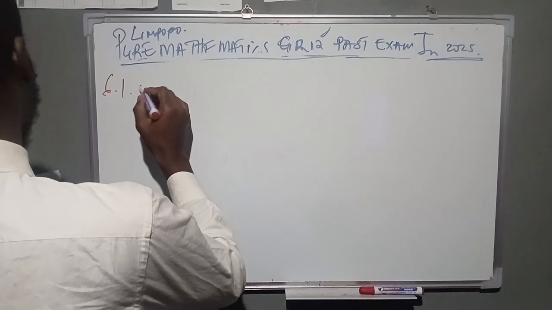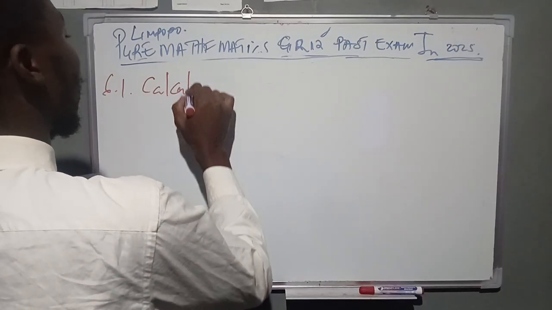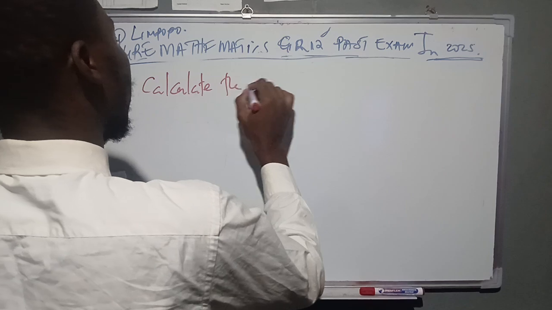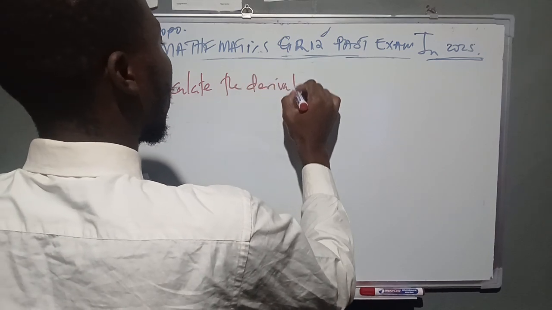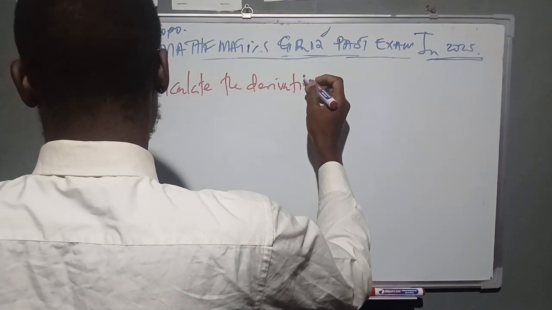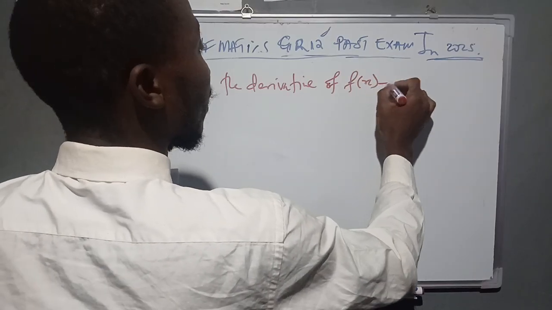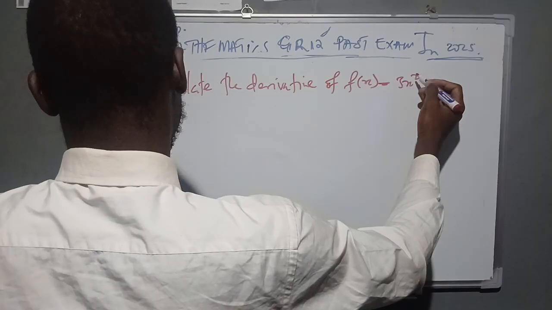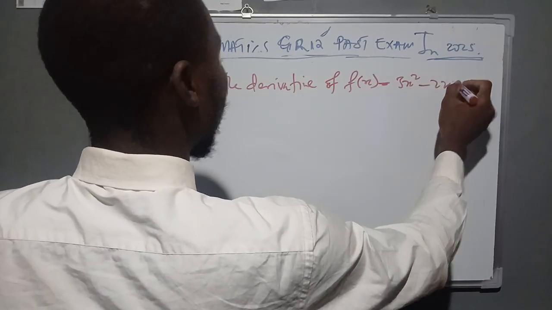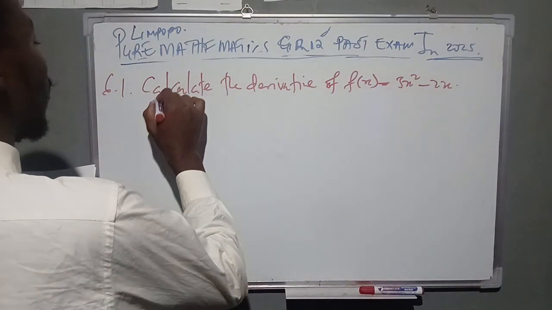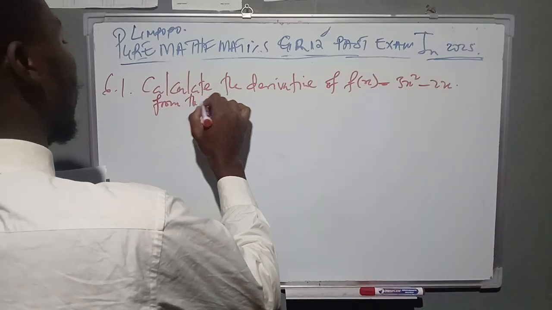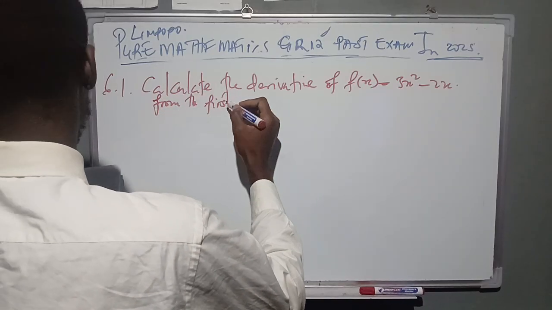So the question was saying calculate the derivative of f of x equals 3x squared minus 2x from the first principles.